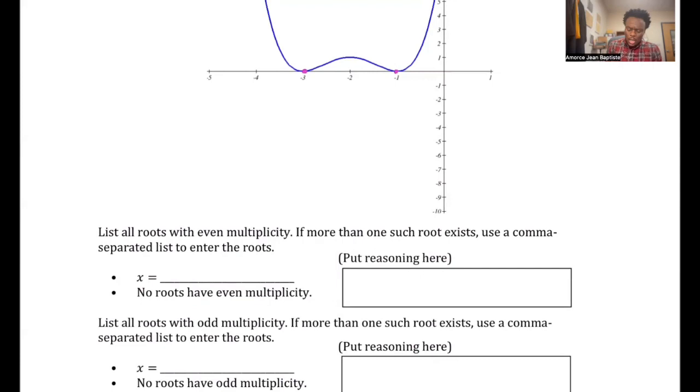Now, first, you have to list the roots with even multiplicity. For even multiplicity, we need to remember the graph touches and turns. Every time I see on this graph that the graph touches the x-axis, it touches and turns. So -3 and -1 are the two zeros, and for both of them, the graph touches and turns.